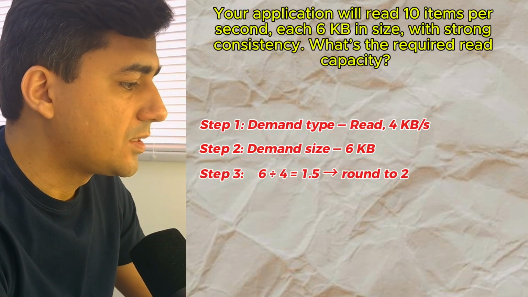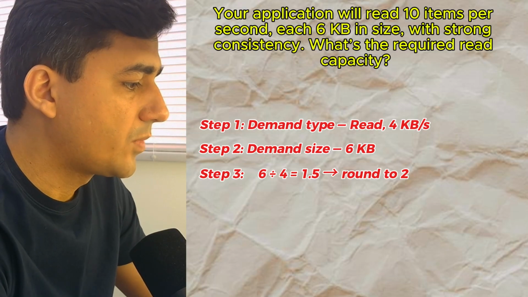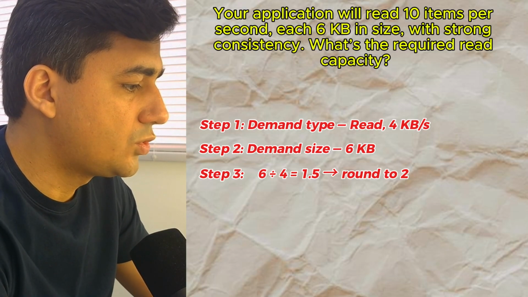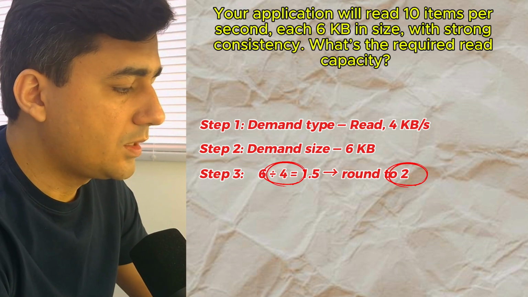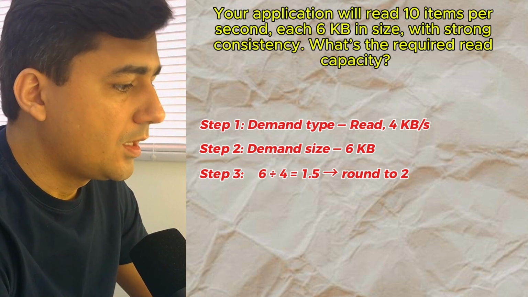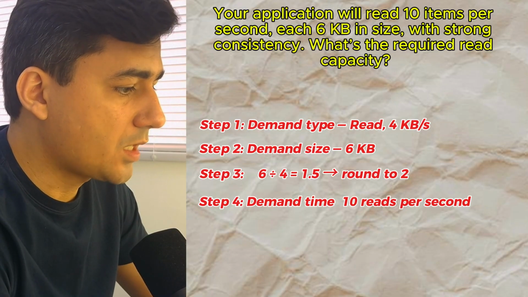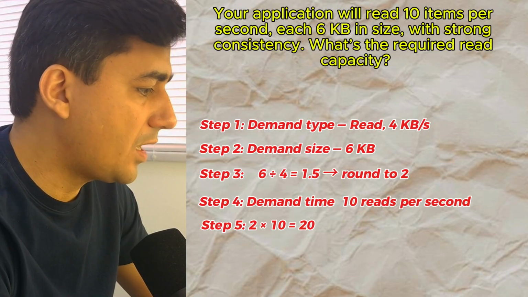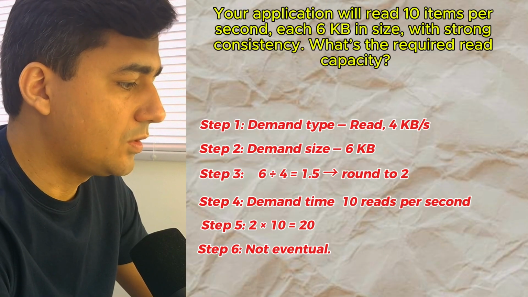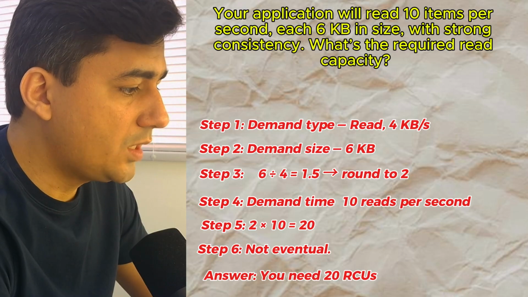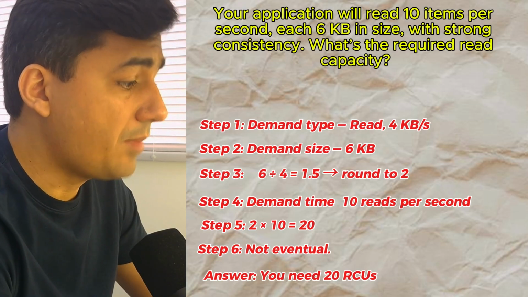Units required. 6 divided by 4 equals 1.5, round to 2. We need 2 units of 4 kilobytes to handle the demand of 6 kilobytes. Step 4. Demand time, 10 reads per second. Step 5, 2 times 10 equals 20. Step 6, not eventual. Answer, you need 20 RCUs to handle this demand.